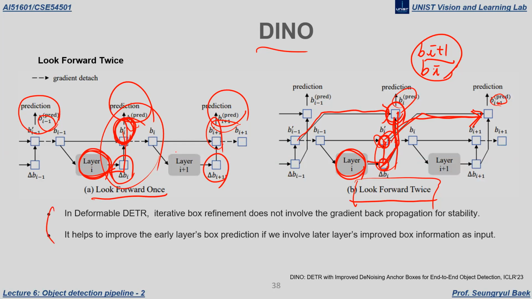In deformable DETR, they proposed this kind of detaching to make the training stable, right? Sometimes disconnecting some connections secures training stability, but this paper, DINO, insists the added connections do not spoil the stability, but improve the accuracy.